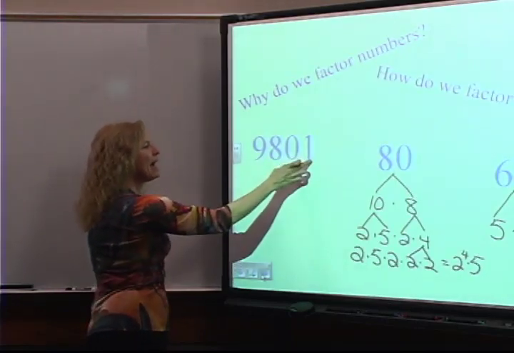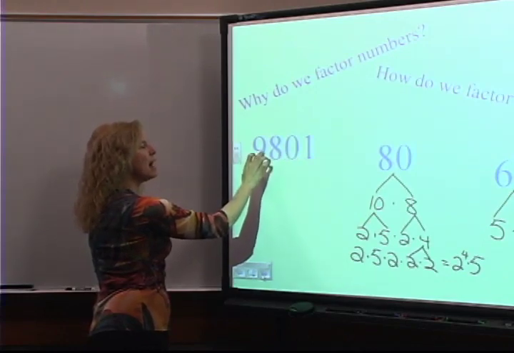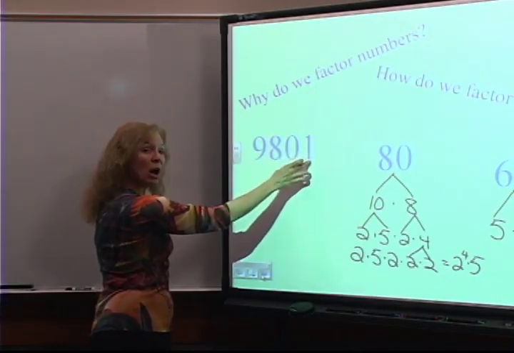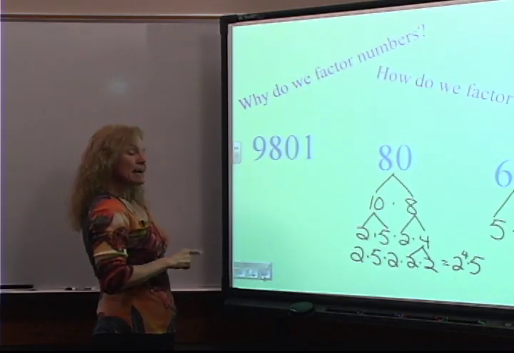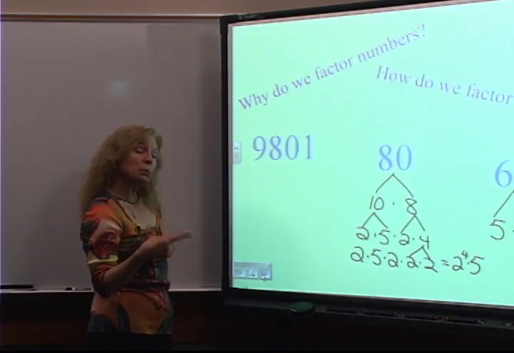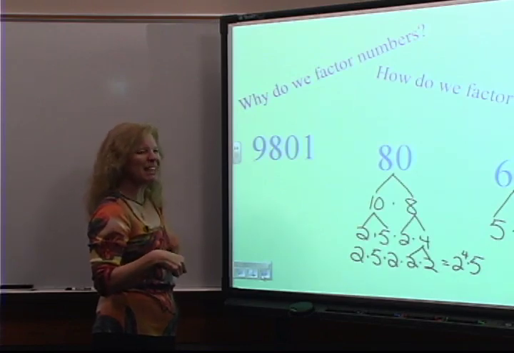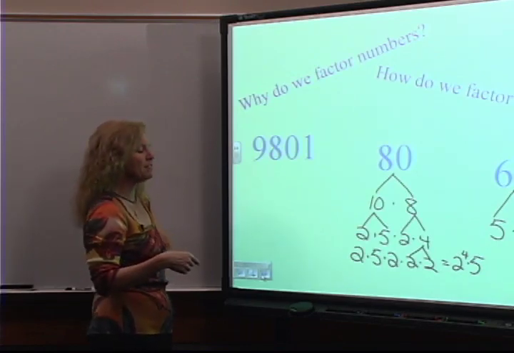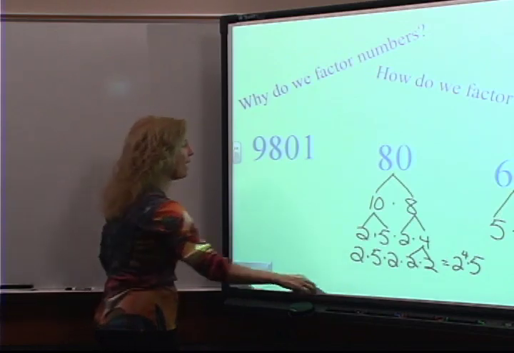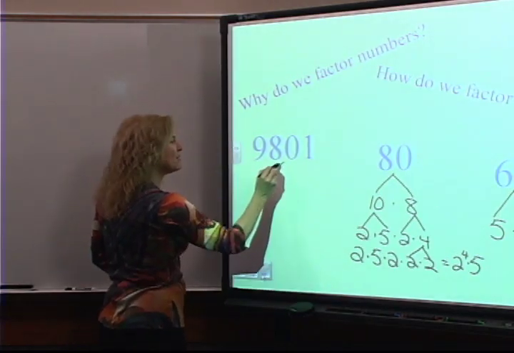But I can add up the digits. 9 plus 8 plus 1 is 18. Now that tells me that both 3 and 9 divide into this number. If you want, you can go and read some about divisibility tests or email me about that. But I know 9 is going to divide into that.